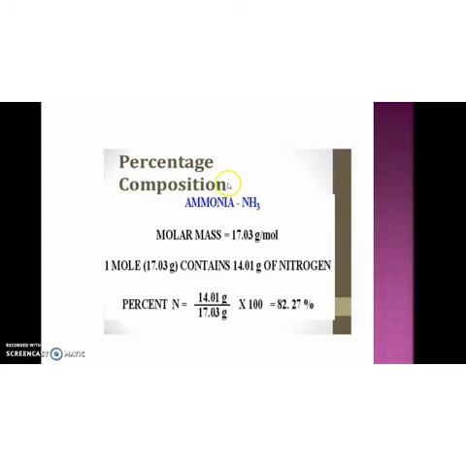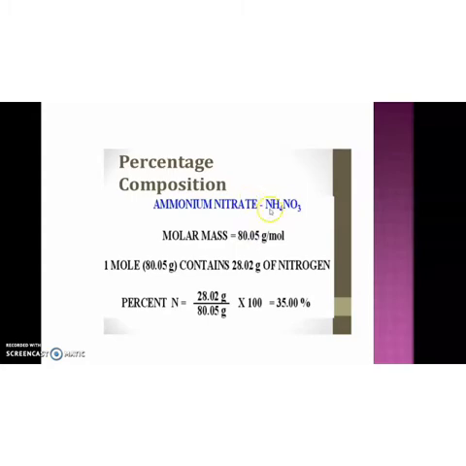Let's look at another example, the percentage composition of ammonia, which is NH3. The molecular mass of ammonia is found by adding the atomic masses, which is around 17.03. First we calculate the nitrogen atomic mass here.